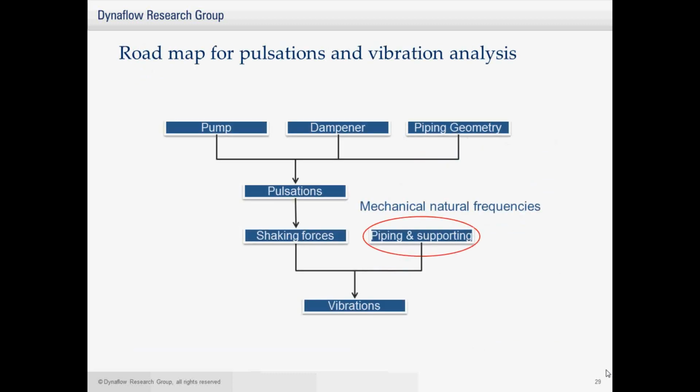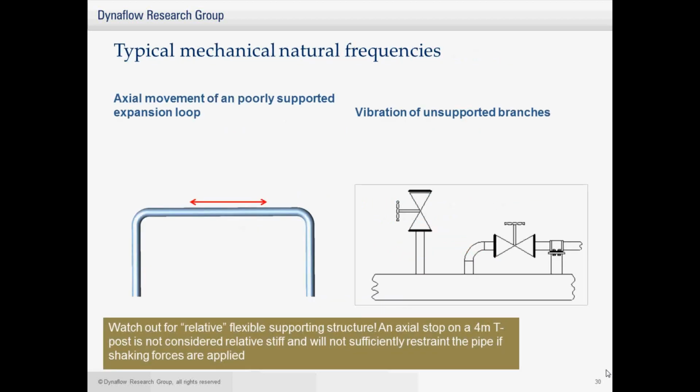So those were shaking forces, and now we look at the mechanical natural frequencies of the system, and these are determined by the piping and supporting of such a system. So just some typical mechanical natural frequencies. You have an expansion loop on the left, and it's poorly supported. Then there's most likely some kind of mode which tries to move the whole header section of the top horizontal section towards the left and the right.